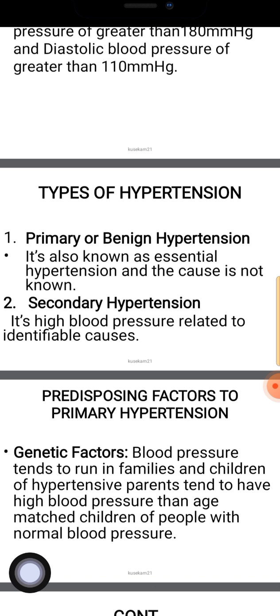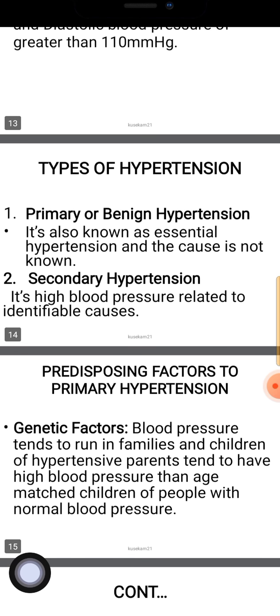So those organs where these blood vessels have ruptured won't receive enough or adequate blood, so that can make them stop functioning, and someone will develop complications, which is not good.